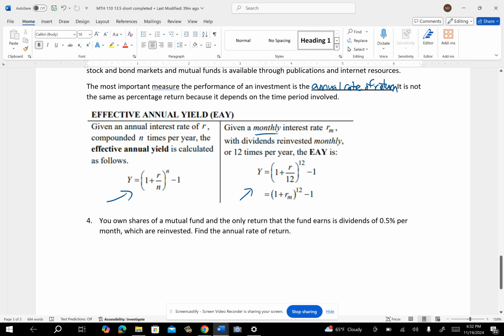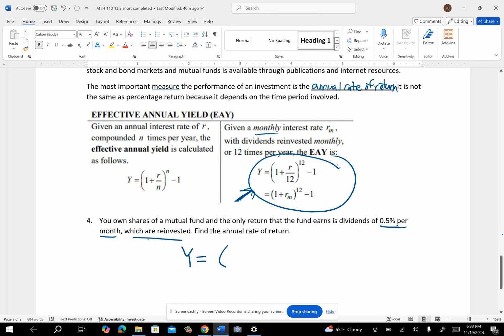So this is going to be the one that we're going to be using today in this problem, because here we own shares of a mutual fund, and the only return the fund earns is dividends of 5% per month. So it's a monthly interest rate, and these are reinvested. So it's this scenario here, okay? Monthly interest rate, the dividends are being invested, and we want to know what our annual rate of return is. So that's really that effective annual yield, okay?